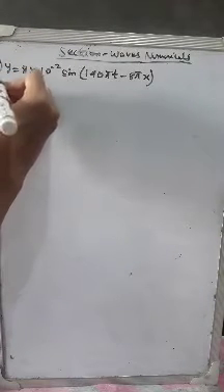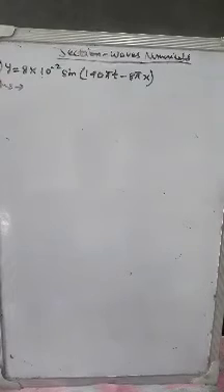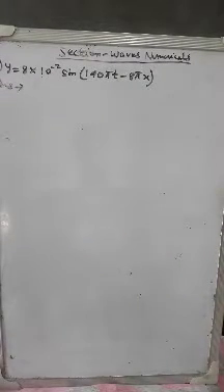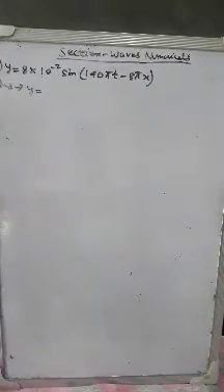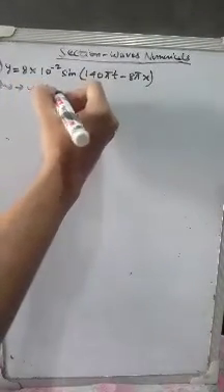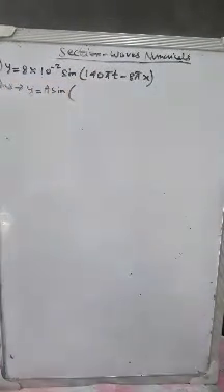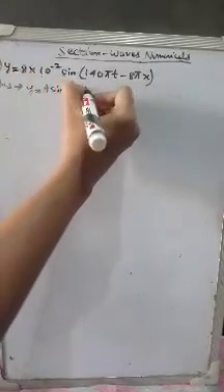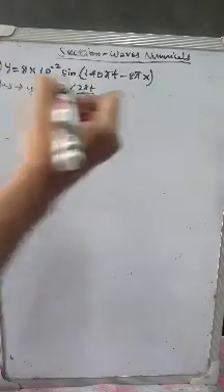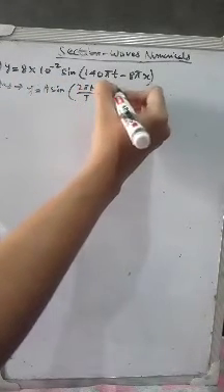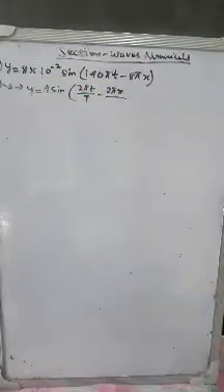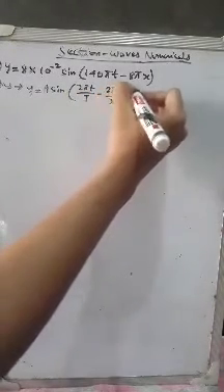Now we have to compare this equation with our original equation. What is our original equation? Just recall: y equals a sine within bracket 2 pi small t by big T minus 2 pi x by lambda.